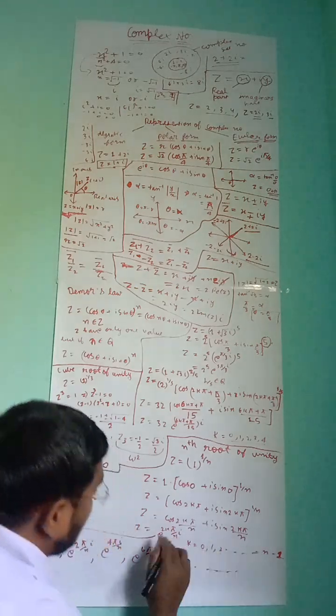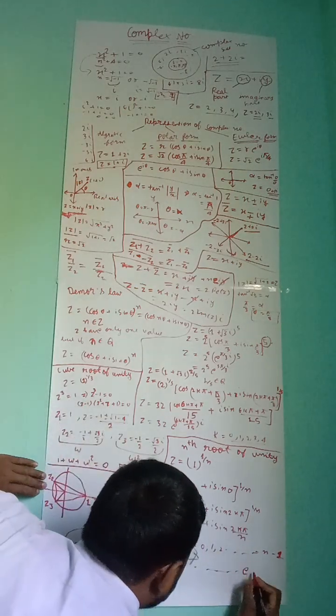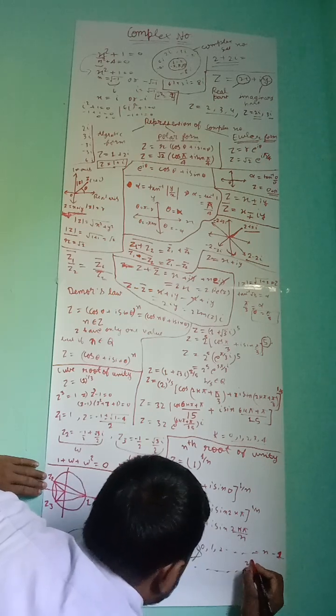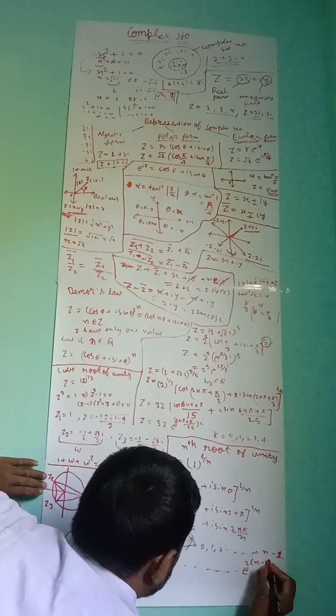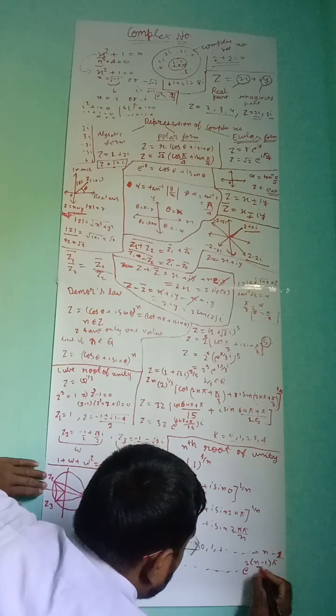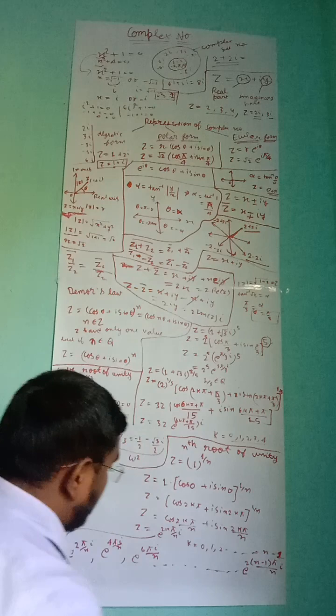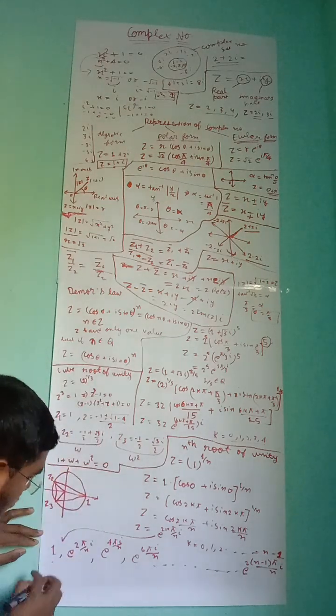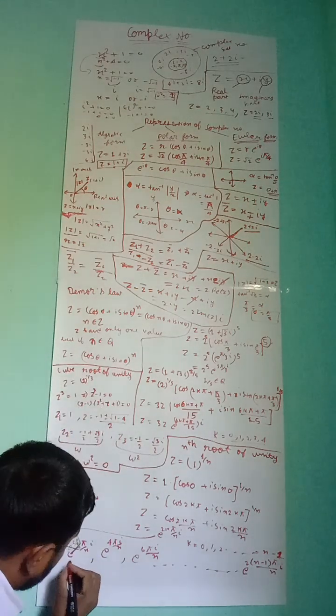If we put n minus 1, then we get e power 2(n minus 1)π by n iota.